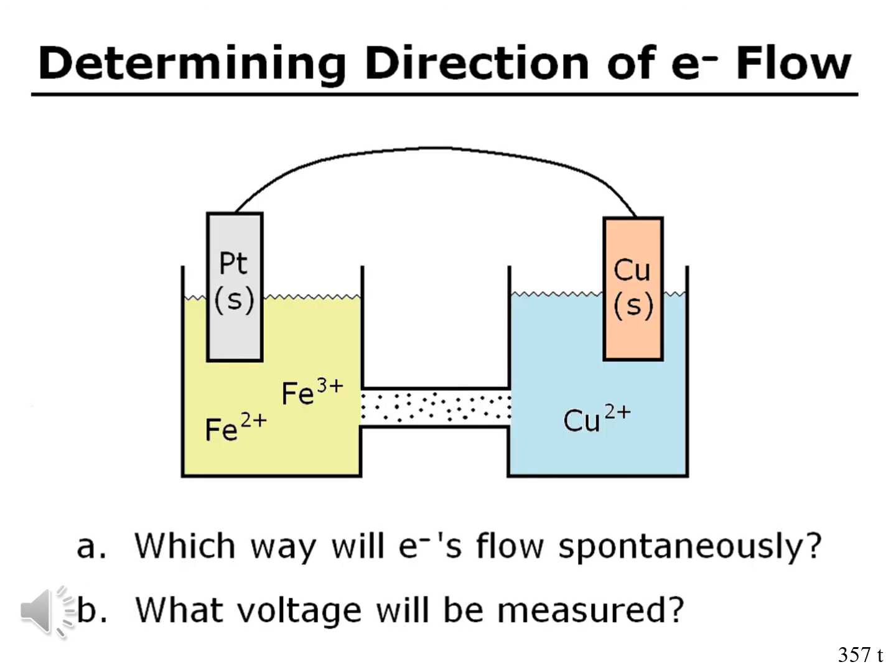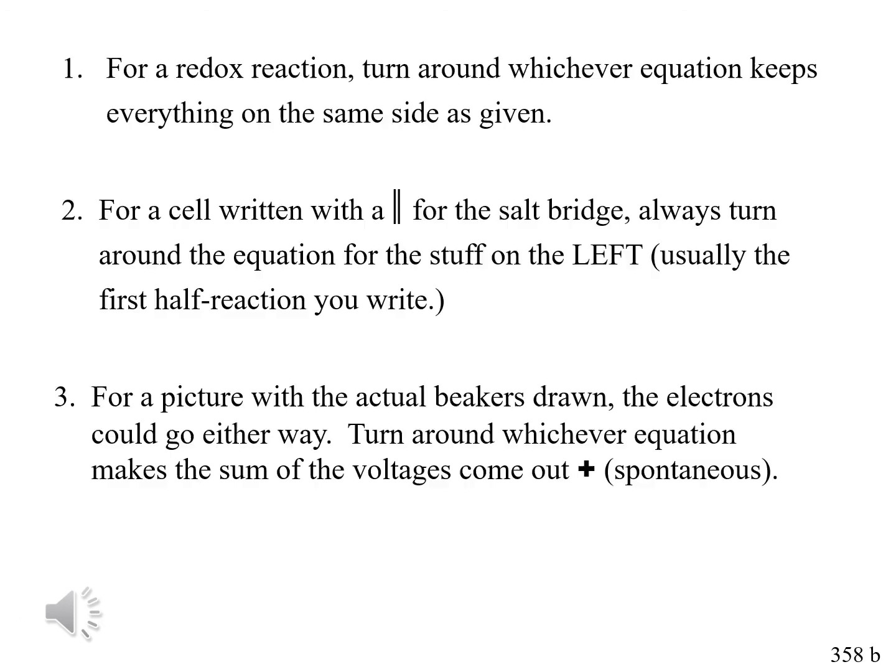So if you're given a picture like this, the electrons could either go from left to right or right to left. The way you tell is that you turn around whichever equation makes the sum of the voltages come out positive, because that is the spontaneous voltage, and that's what we did in the problem today.